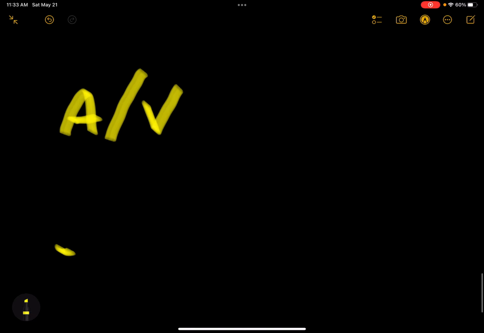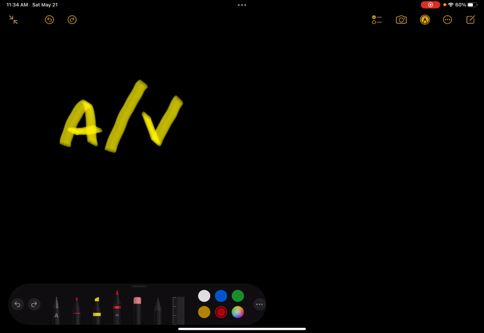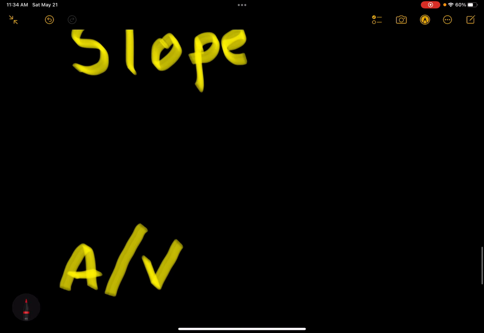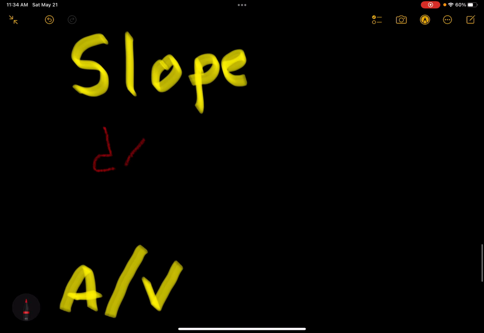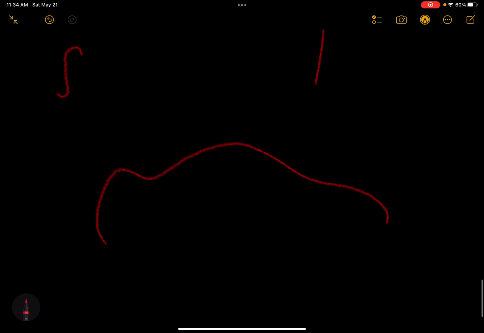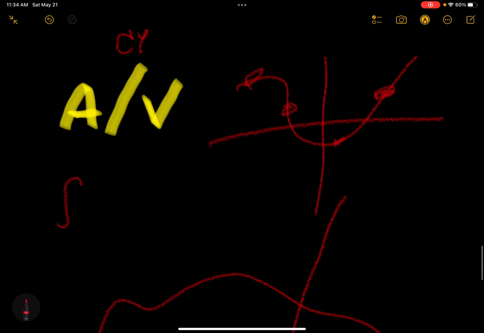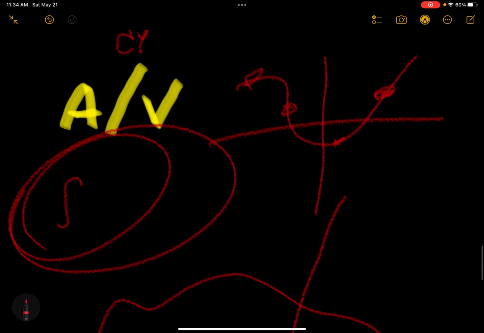The area and volume uses this, and slope uses dy over dx. Knowing calculus, you can find the slope of any point. You can find it here, here, here, here. You can also find areas with really weird shapes. You can find the area of this using this right here. That is what calculus is.